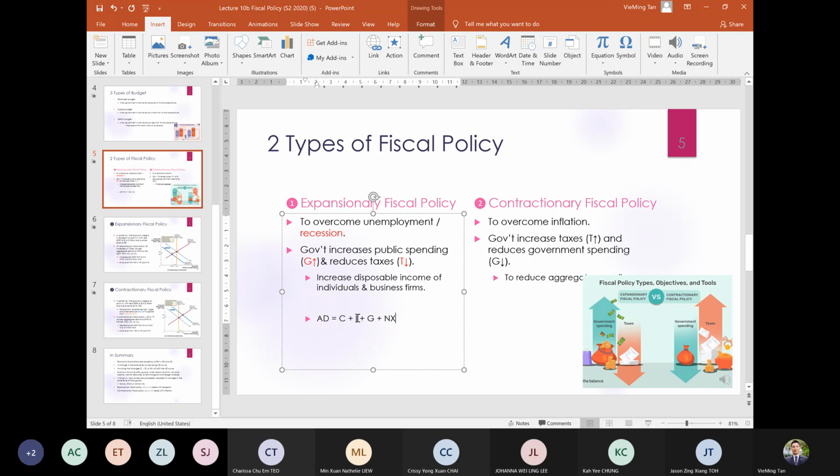So if I reduces, this will affect C and also affect the NX. So G and also T are very important, that can influence the I. When I reduces, this will reduce the C and X, and overall the AD will reduce. This is how the government can use tax and spending to monitor the AD in the short run.